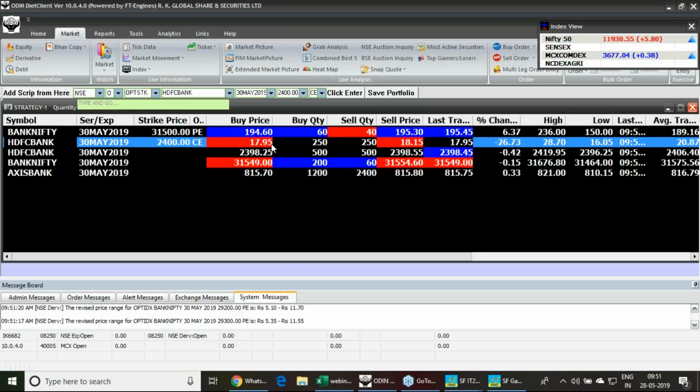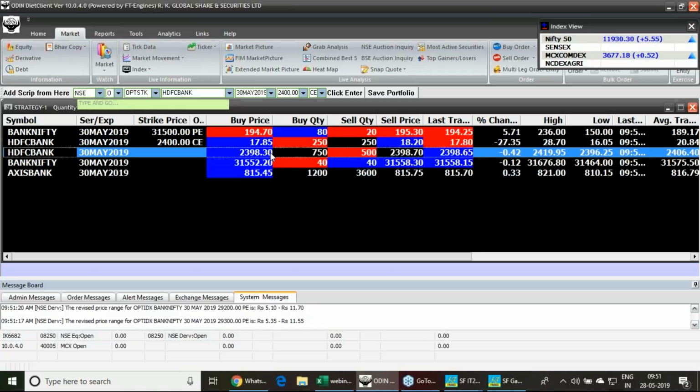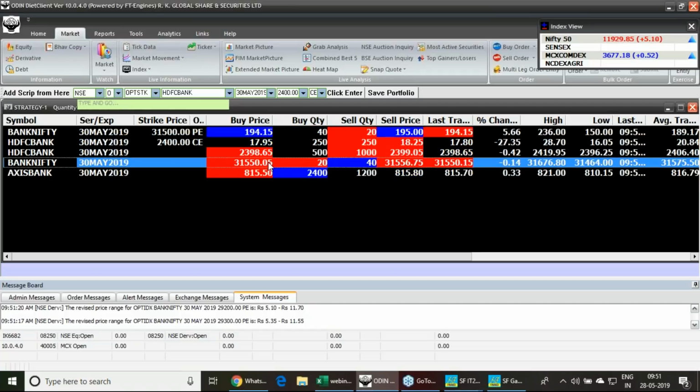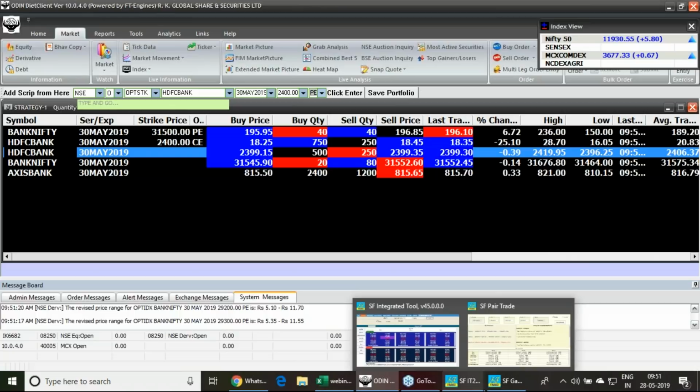There is so much premium, 17, 18 means 3,000, 4,000 rupees of premium. So I am selling HDFC Bank and buying Bank Nifty. If I am selling this, then I can sell a put option also. Why should I buy a call option? I can sell a put option.